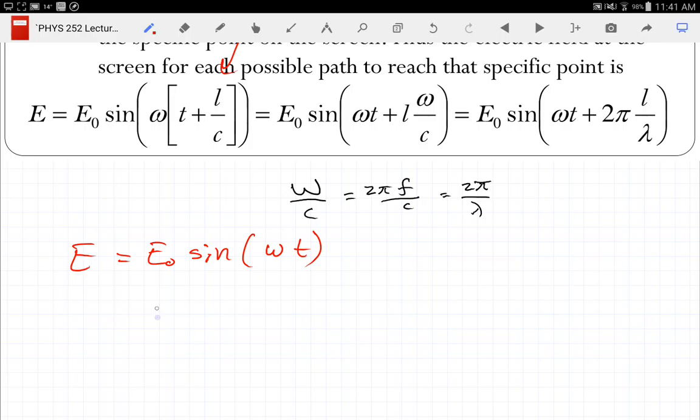And so we said the time at the screen is equal to the time at the grating plus delta t. The delta t I calculated at the top of the page is the time it takes to go from the grating to the screen. And so we put this time for the screen in, the time when the light gets to the screen.